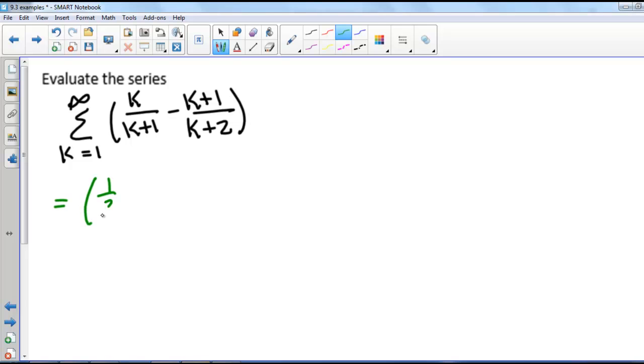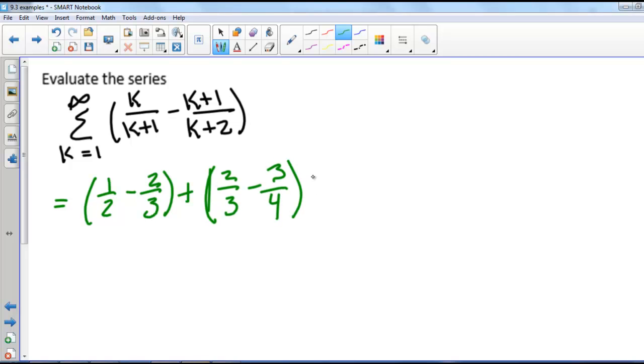It's going to be 1 divided by 2 minus 2 divided by 3 plus 2 divided by 3 minus 3 divided by 4 plus 3 divided by 4 minus 4 divided by 5, and so on. So you might see that some of these terms are canceling out and think that this equals 1/2. But this series does not equal 1/2.